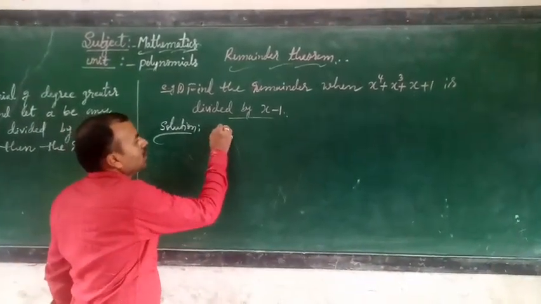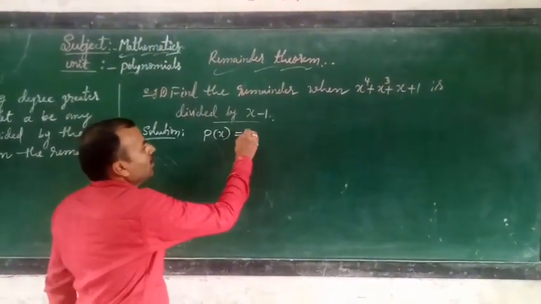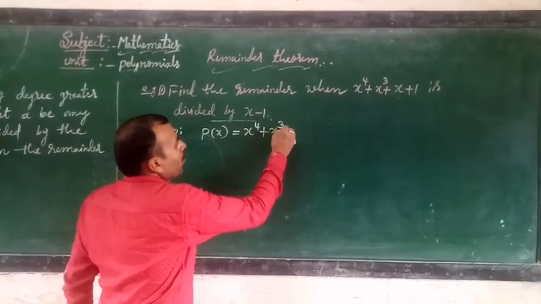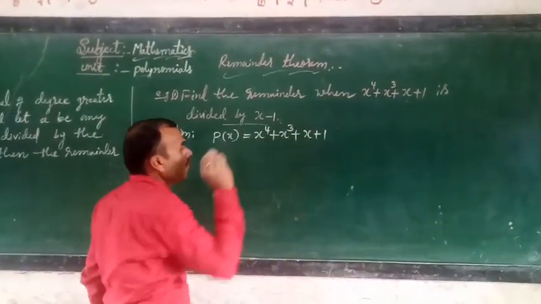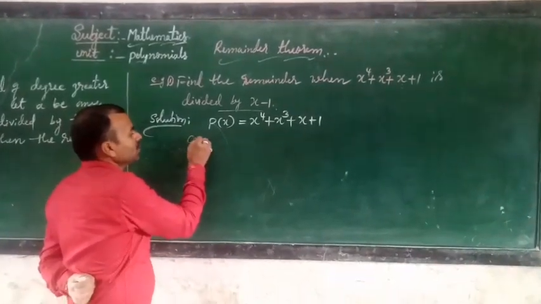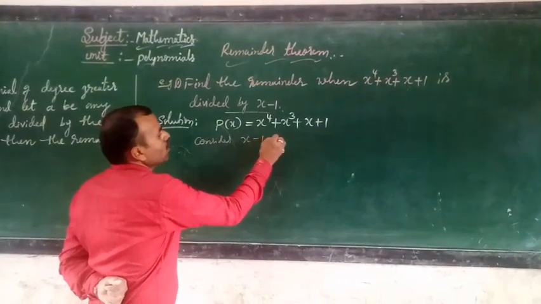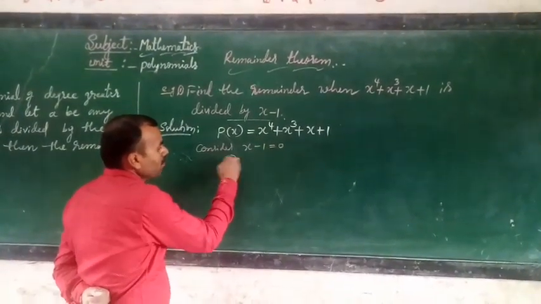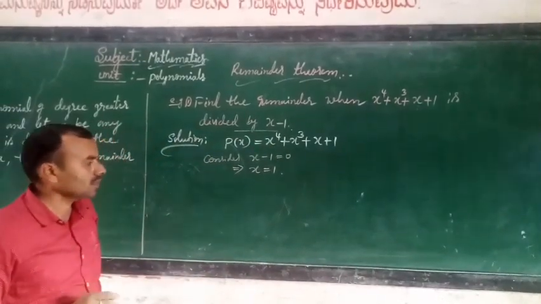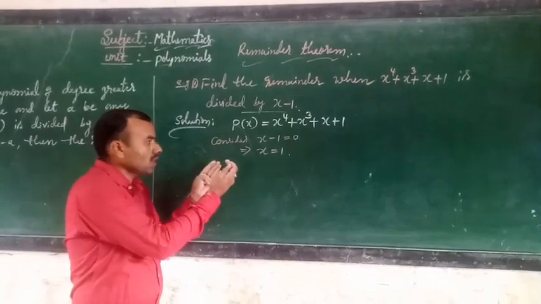So here this is the polynomial with variable x, p of x equals x to the power 4 plus x cube plus x plus 1. Now we consider x minus 1 is equal to 0. So it implies x is equal to 1. This is the value of x.